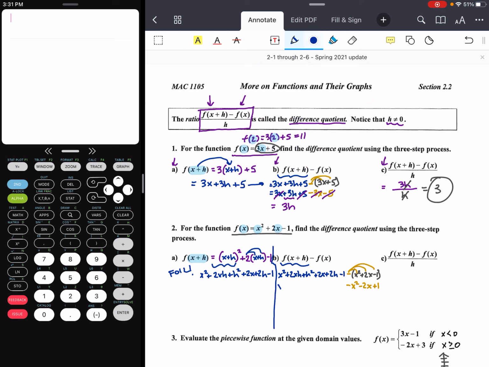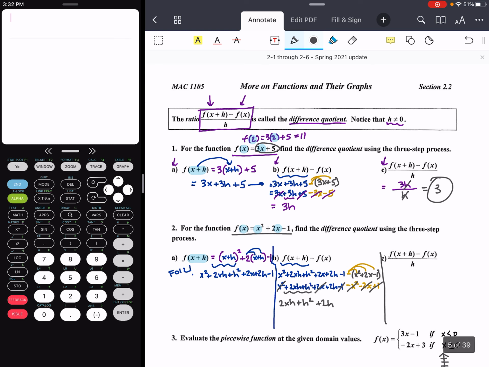And then I carry down my other terms, x squared plus 2xh plus h squared plus 2x plus 2h minus 1. And now I can cancel stuff. I've got plus 1 minus 1, minus 2x plus 2x, minus x squared plus x squared. So looking at what I have left, I've got 2xh plus h squared plus 2h, and all my other terms have canceled out.